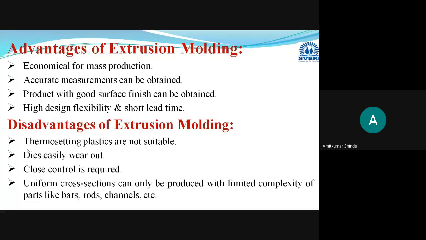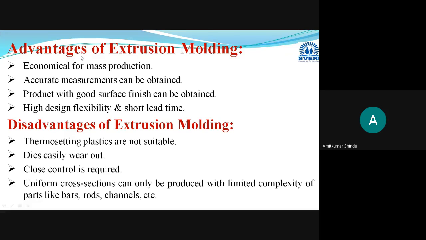When you provide heat to a thermoset material, it will start hardening, or if a larger amount of heat is provided, it will directly decompose. That's why you cannot use it for thermosetting plastic materials.